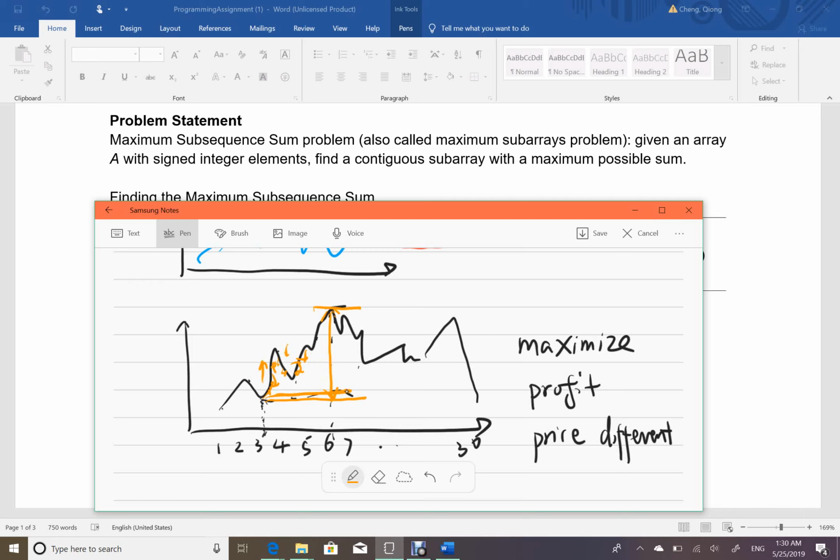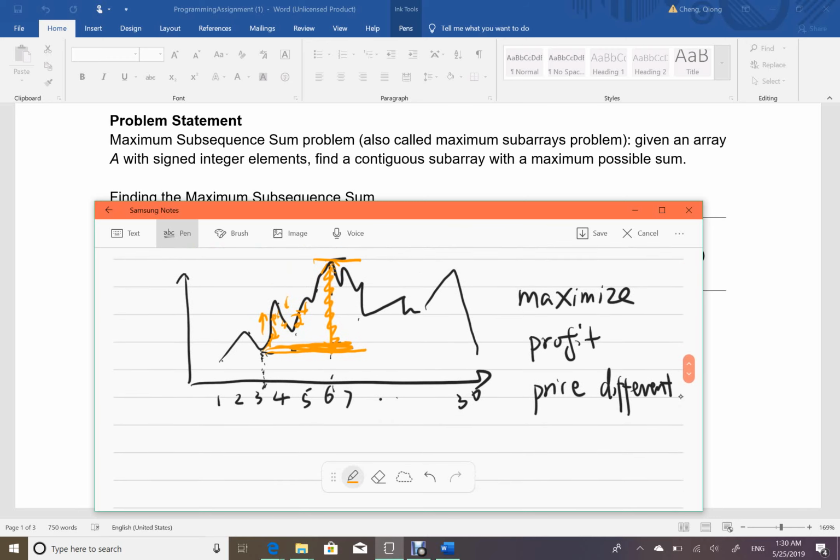The aggregated difference is maximized. This is the question for us. We want to find the starting point and end point such that the difference between these two days has been maximized.